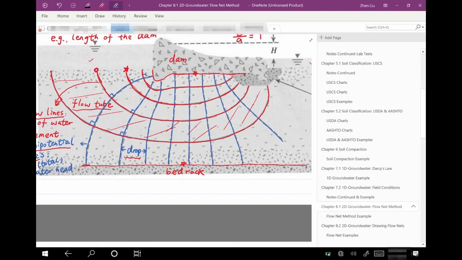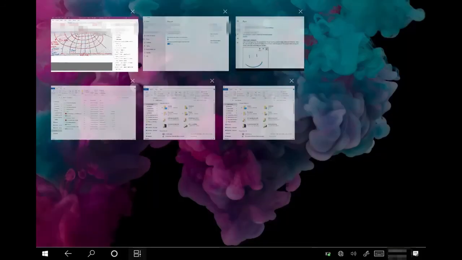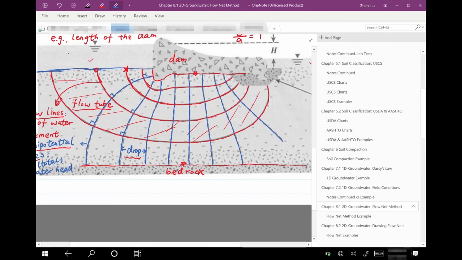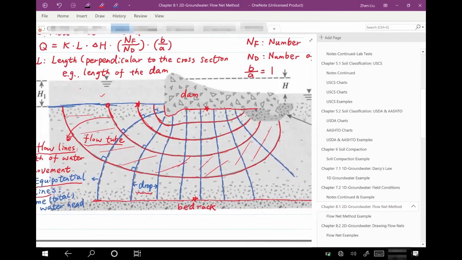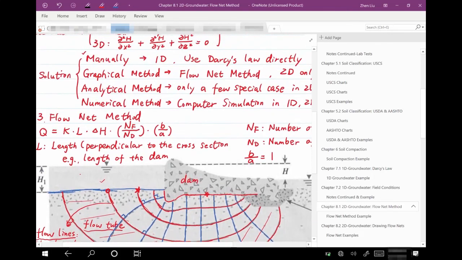One equipotential line is actually the line here. That's the bottom of the reservoir, or the top of the soil layer on the left-hand side of the dam. The reason is that, based on what we learned in the previous lecture, you can figure out the total head at different points on this line. They should have the same total water head.